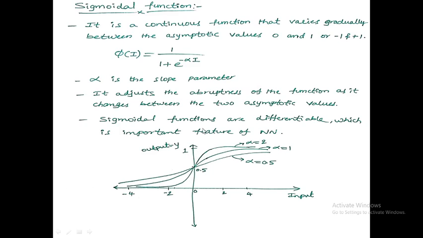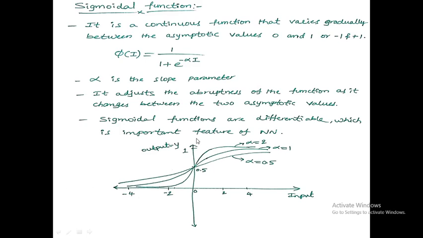Further, if you increase, you may get the complete y-axis. If you want to get it on the y-axis, you have to keep alpha equal to infinity. If you keep alpha equal to infinity, e power minus infinity is nothing but 1 by e power infinity, which is equal to 0, then 1 by 1 plus 0, which is nothing but 1.